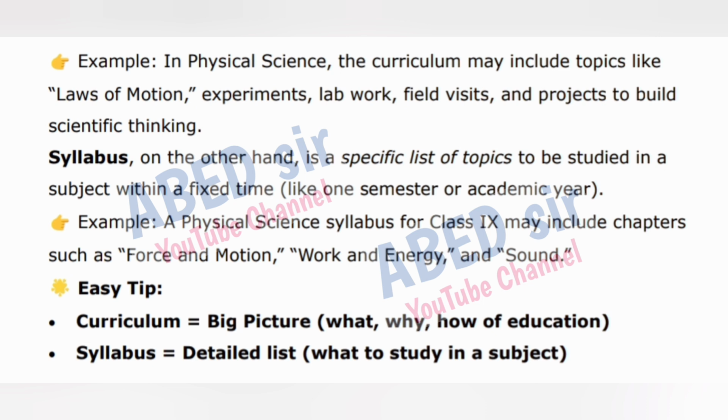Example, a physical science syllabus for class 9 may include chapters such as force and motion, work and energy, and sound. Easy tip. Curriculum is equal to big picture, what, why, how of education. Syllabus is equal to detailed list, what to study in a subject.